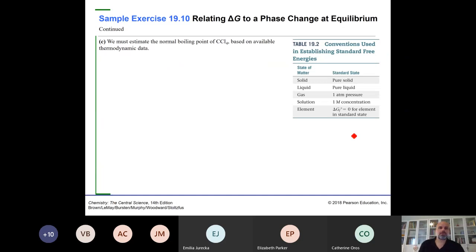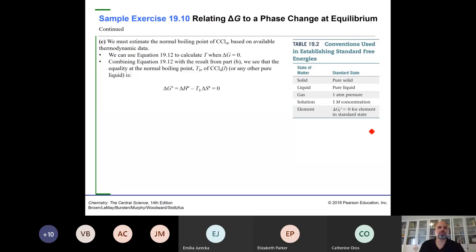In part C, estimate the normal boiling point of carbon tetrachloride based on available thermodynamic data. So we'll use equation 19.12 to calculate temperature when delta G is equal to 0.